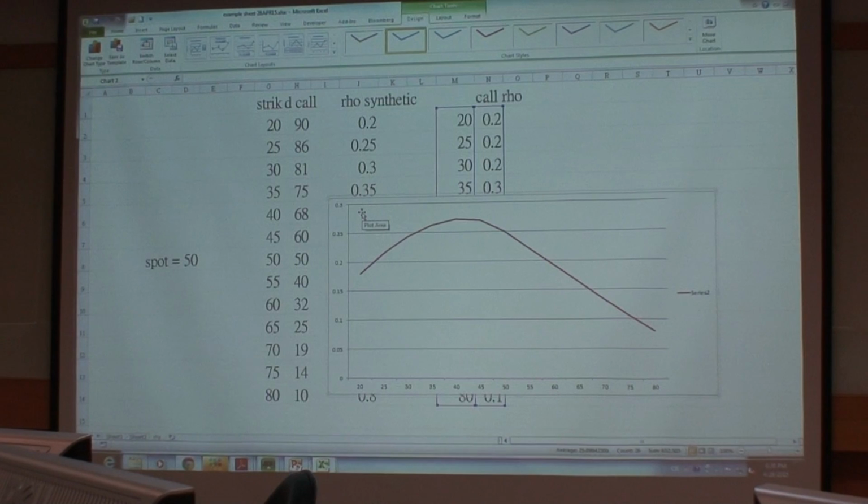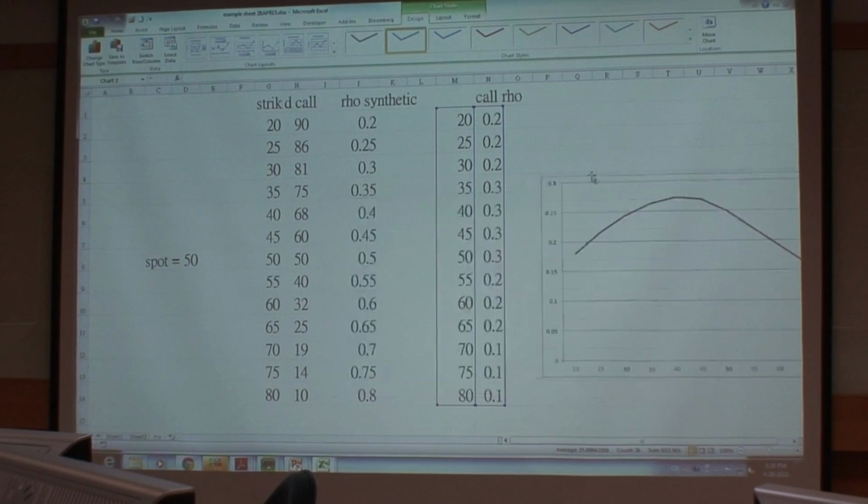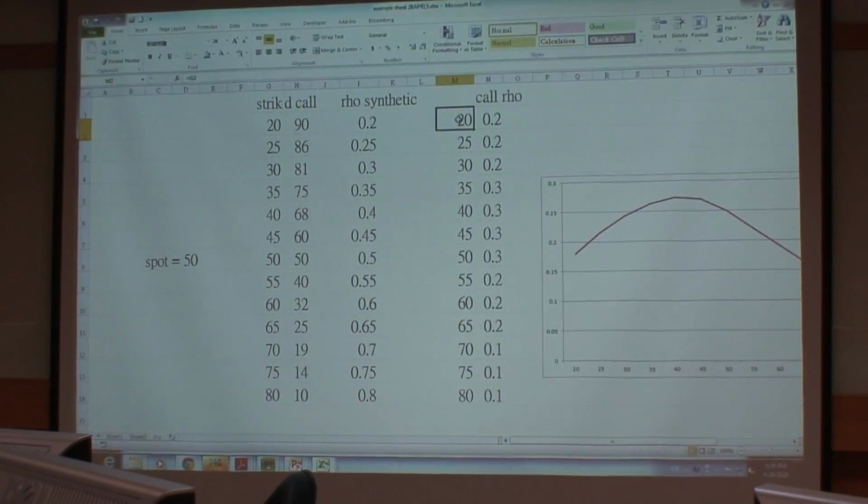Because of these two effects, if we look in our spreadsheet, we can see how it continues. First, if I bring my strike from 20 to 25, that means I increase the interest in that synthetic by 25%. My delta decreases just a bit, by 5 point something percent.